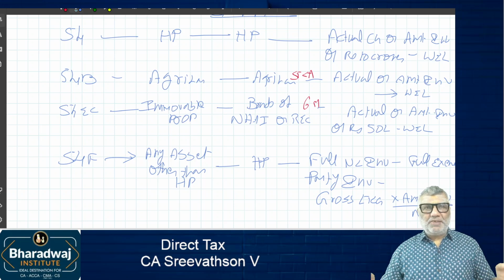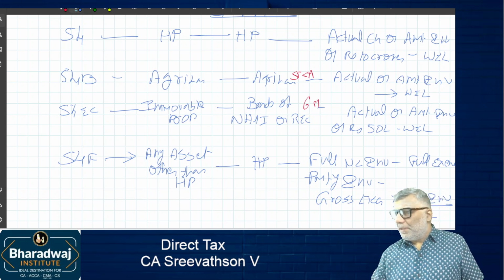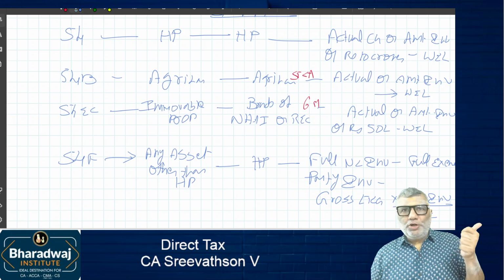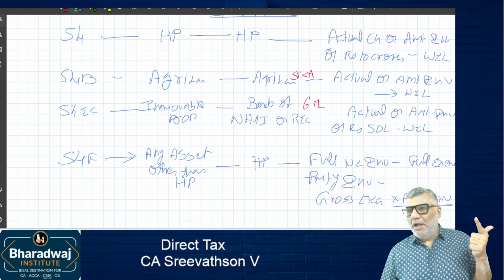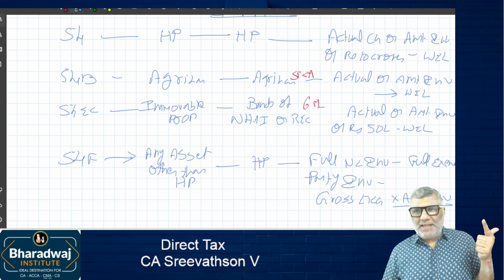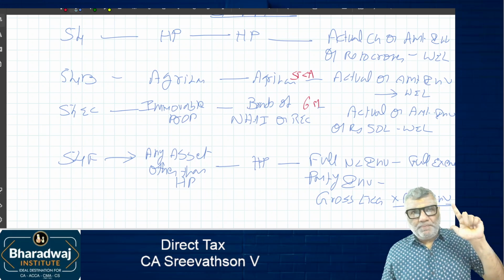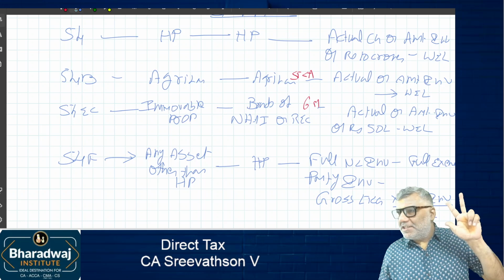Which are all the assets which will not enjoy any indexation? Short-term capital assets will not enjoy indexation. Listed shares will not enjoy any indexation under 112A, because I am going to tax it at 10% only, and the first 1 lakh is not taxable. Depreciable assets will not enjoy any indexation.